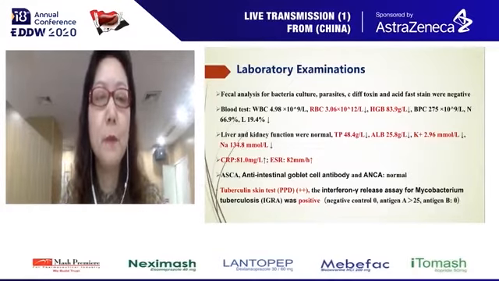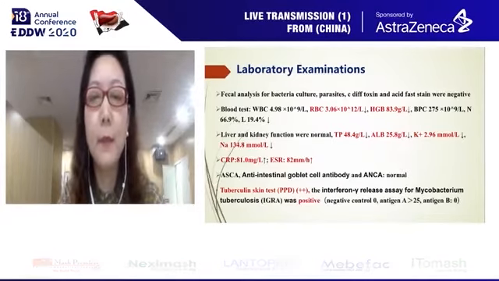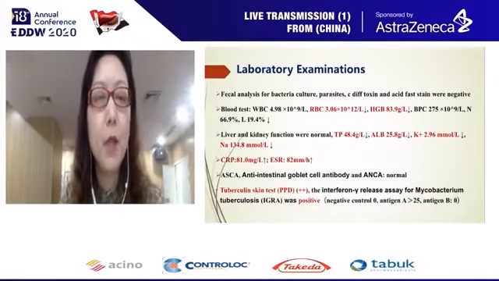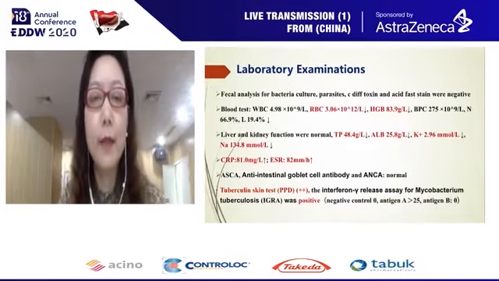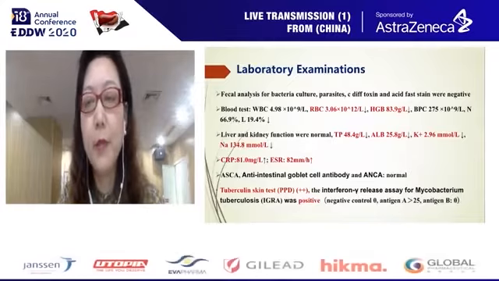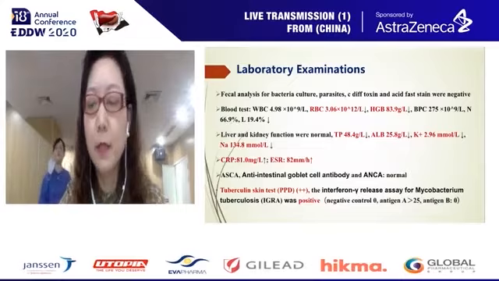Some serum biomarkers for IBD, including ASCA, anti-intestinal goblet cell antibody, and ANCA were negative, were normal. Tuberculin skin test, PPD was positive. The interferon gamma release assay for Mycobacterium tuberculosis, IGRA, was positive.